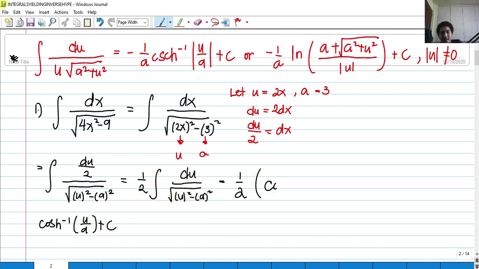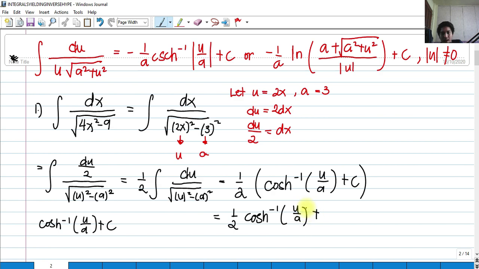If I distribute, that would be 1/2 inverse hyperbolic cosine of u over a plus 1/2 times c, which is still a constant. And we substitute back the values of u and a.